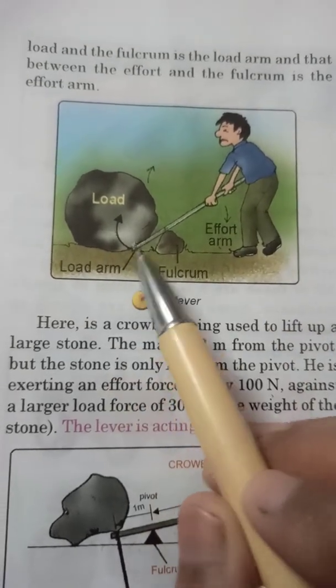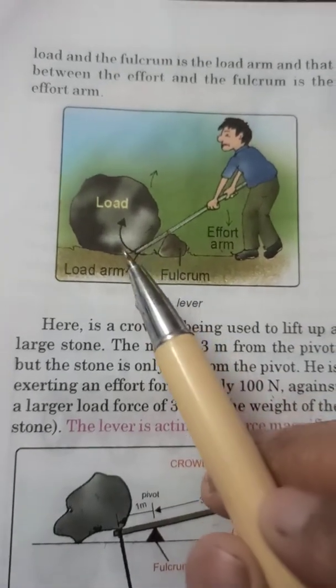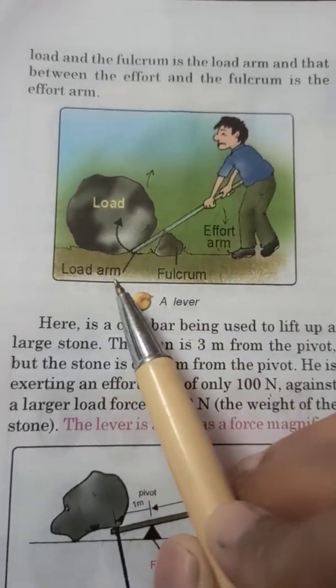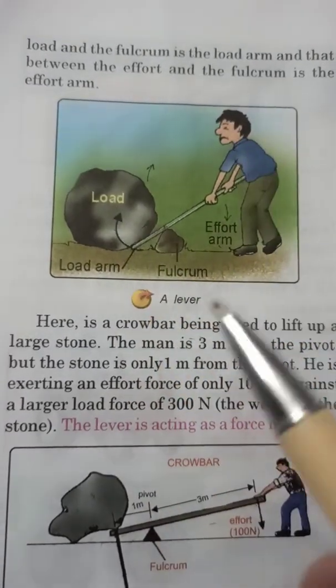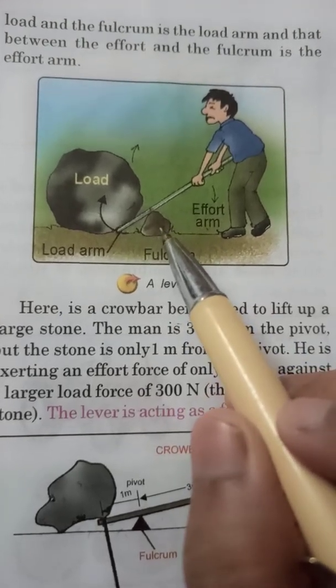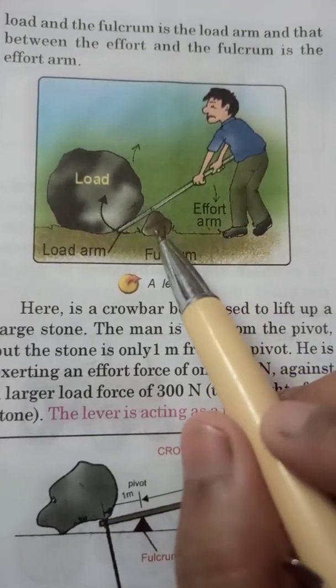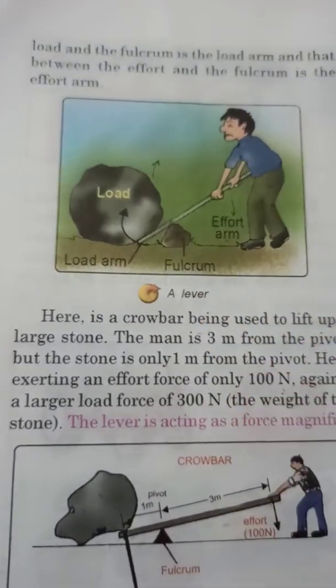The place from where the load is being moved is called the load arm. The thing that has to be pushed is called the load, and the thing which is there to support this task is called the fulcrum, okay.